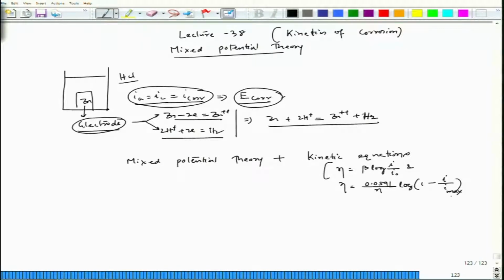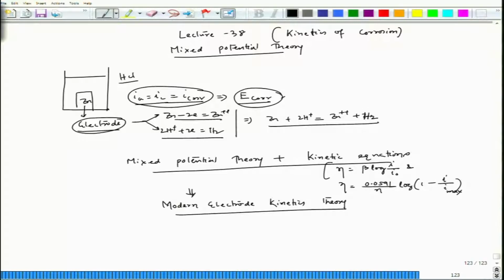These two equations, if we combine them, we would see that it leads to modern electrode kinetics theory. So, it would lead to modern electrode kinetics theory, this combination of these two.